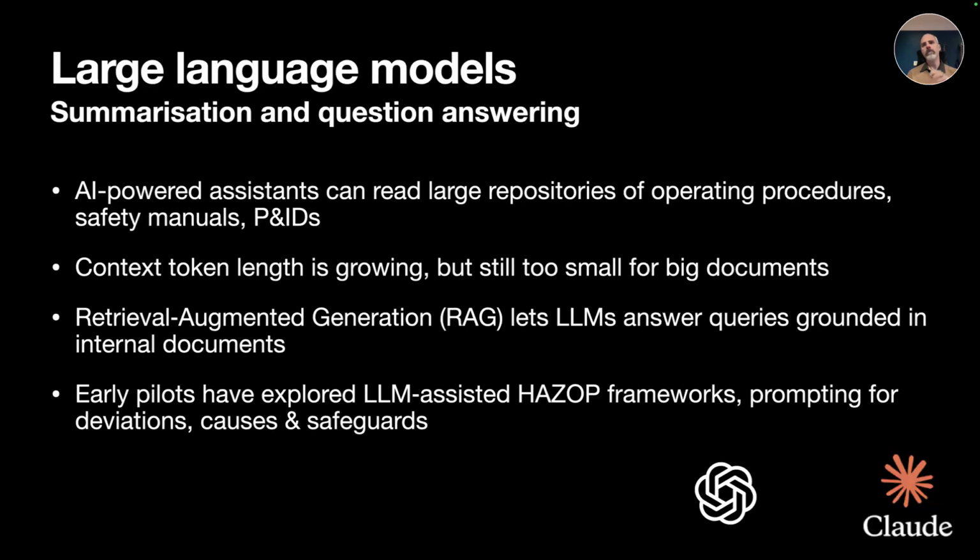And those retrieved pieces of the document, or in some cases the whole document, if it is small enough, are appended to your prompt before the prompt is sent to the LLM. And that means that the LLM has more local context for the questions that you're trying to answer.